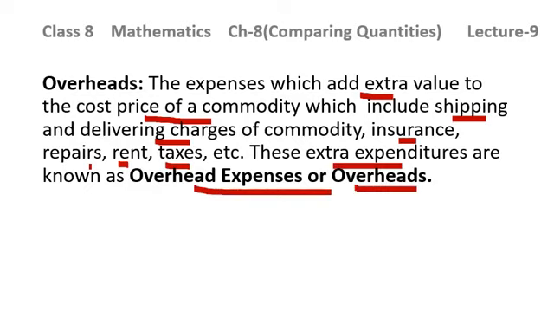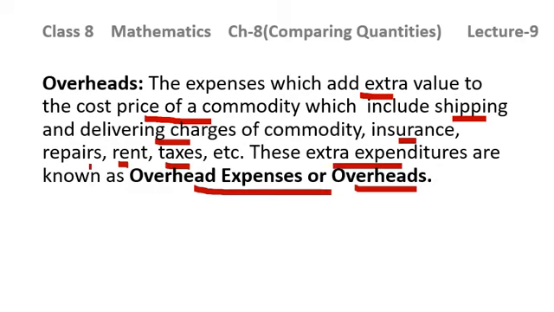For example, if you are purchasing an article for rupees 500 and you are paying rupees 50 as the transportation charge or any other delivery charge, or shipping charge, then your total cost price will be 550 rupees and your profit or loss will be calculated on this 550 rupees, not on 500, because the commodity now costs you rupees 550, not rupees 500, because you have paid additional 50 rupees.